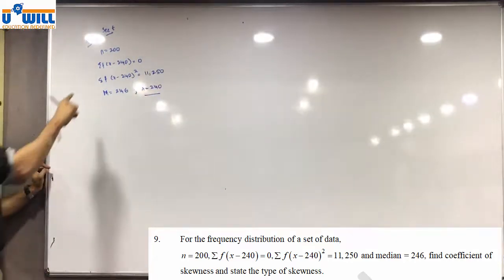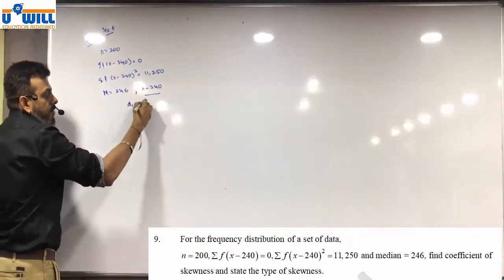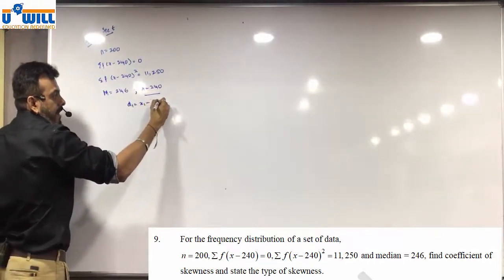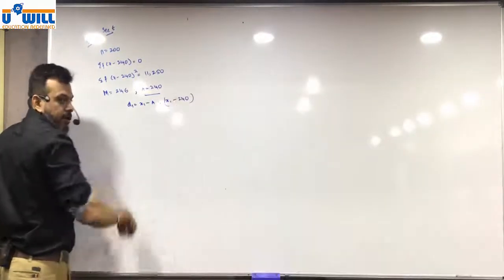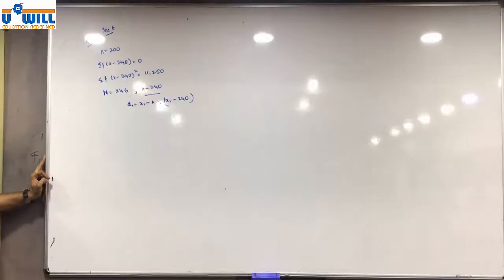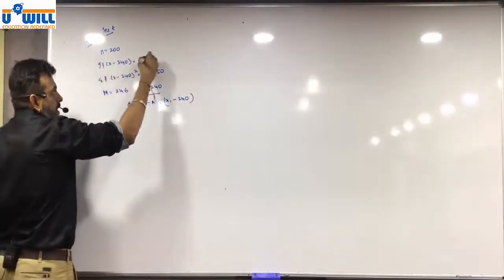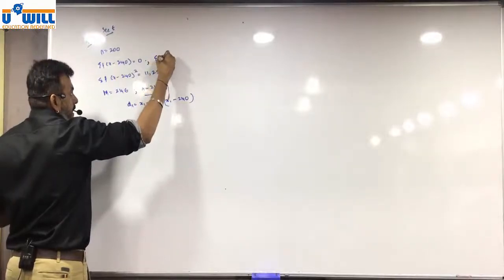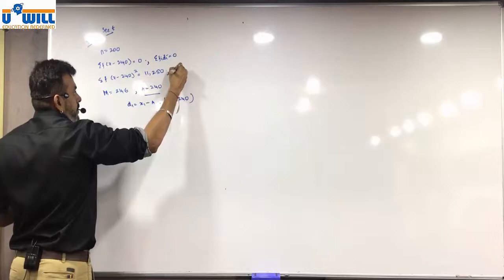So what is this? It is fi into di. What is di? di is equal to xi minus a, or over here it is xi minus 240. Understood this?